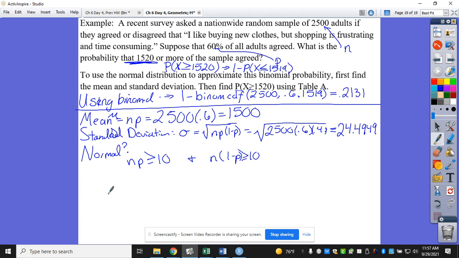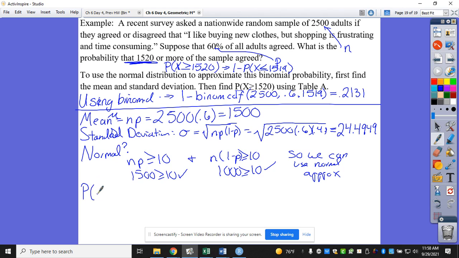Well, n times p we've already found is what? 1,500. Is that greater than or equal to 10? So if we're saying 1,500 of the 2,500 should be successes, how many does that leave for failure? Is that greater than or equal to 10? Yeah. So we could use normal approximation. So probability that x is greater than or equal to 1520.